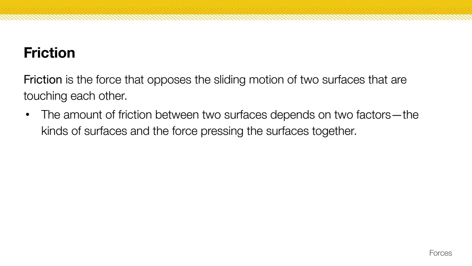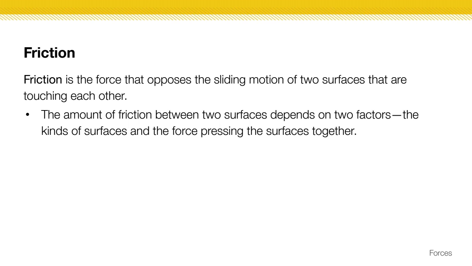The amount of friction between two surfaces depends on two factors. Please remember these, underline them, star them in your book somewhere. The kind of surfaces, because obviously rolling on a smoother surface is going to have less friction than rolling on a bumpy surface, right? And rolling on a slick surface is going to be less friction than rolling on a sticky surface.